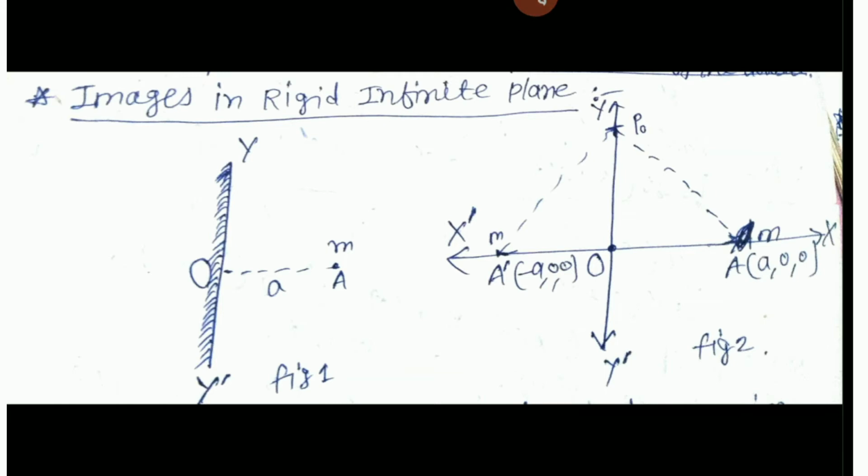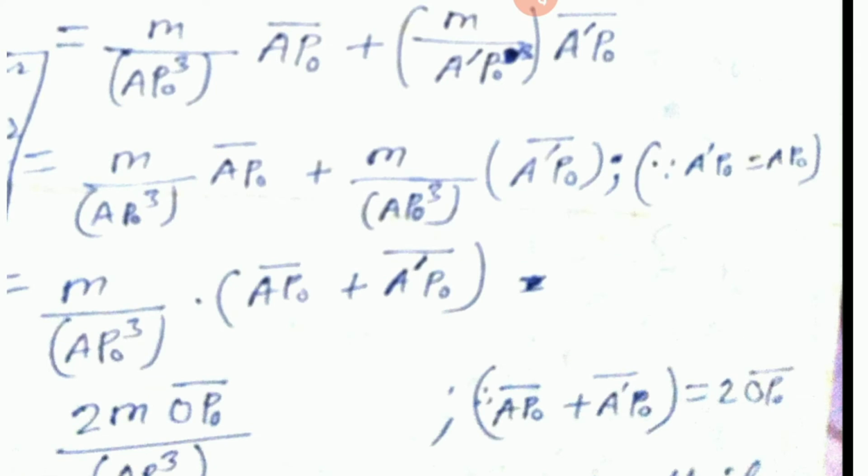So this shows that the image of a doublet in an infinite rigid plane is an equal doublet symmetrically disposed with respect to the plane.